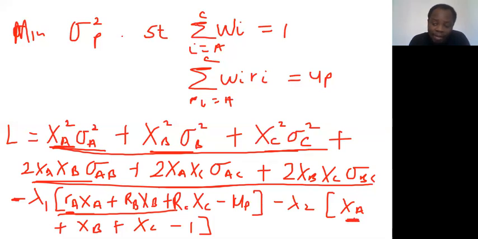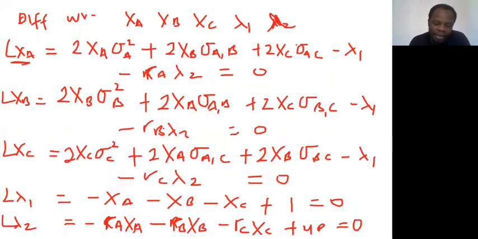So 1 times minus lambda is going to be minus lambda 2. When you look at the expression, that is exactly what I have here. So when I differentiate with respect to A, this is what I'm getting: 2xA variance of A plus 2xB covariance of AB. So let's take a look at the B part again. Let's look at the B.